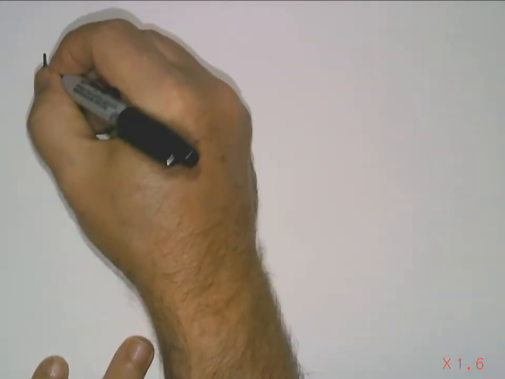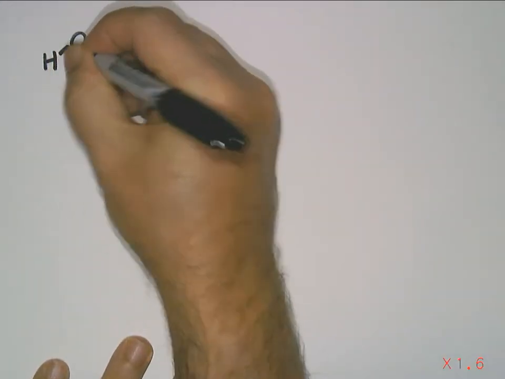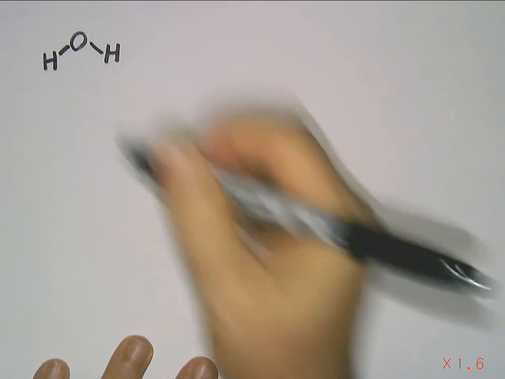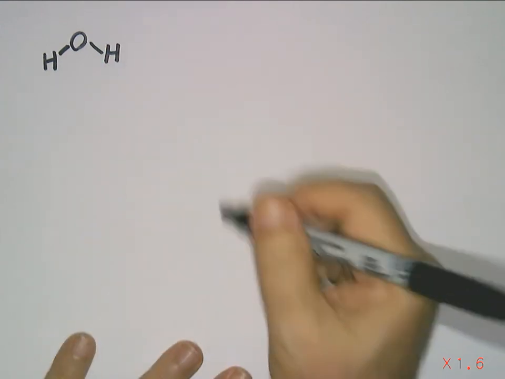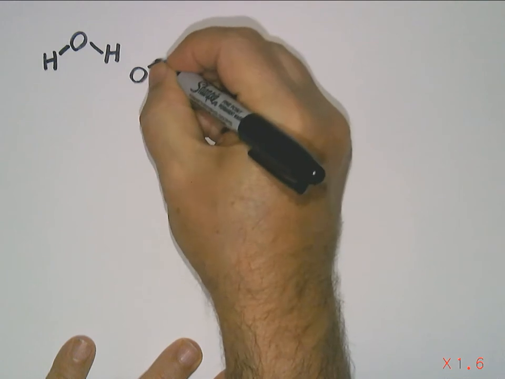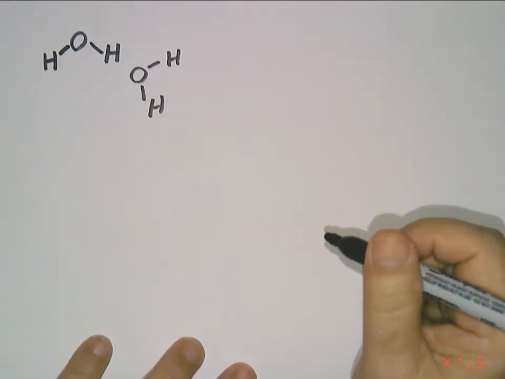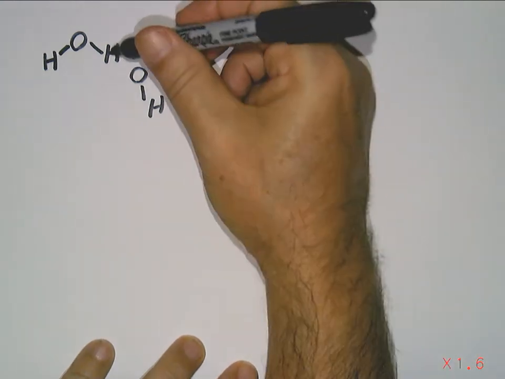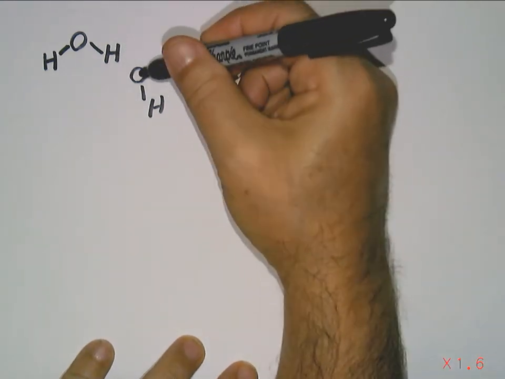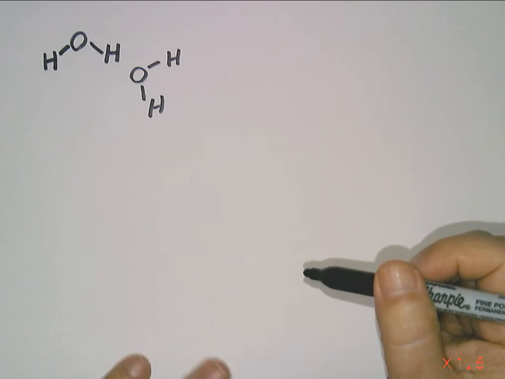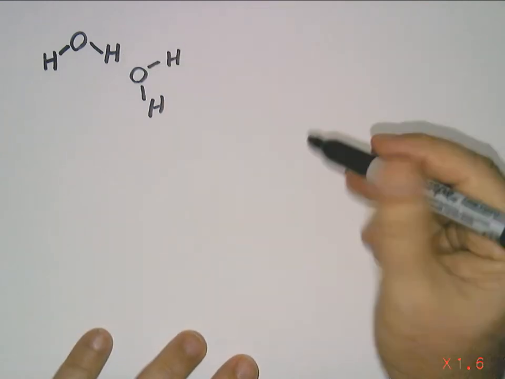Why? There's a water molecule. Here's another one. Sometimes water can react with itself. This positively charged hydrogen can go and stick on to the negatively charged oxygen here.